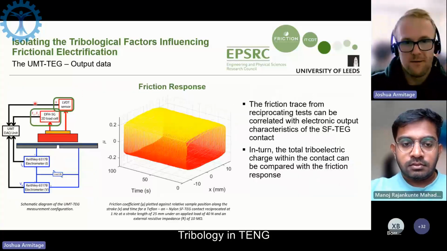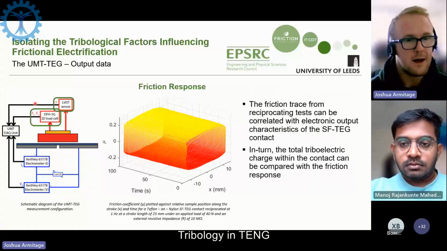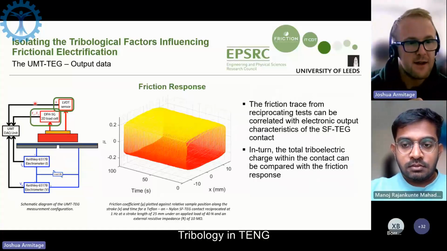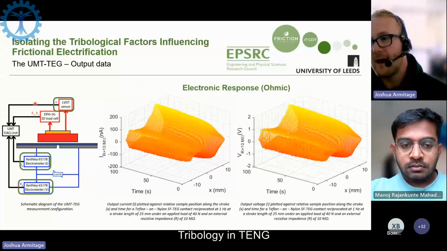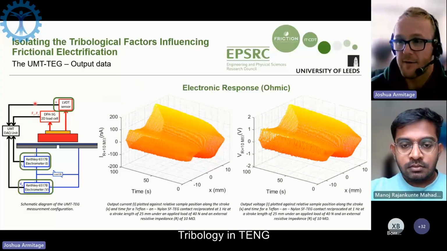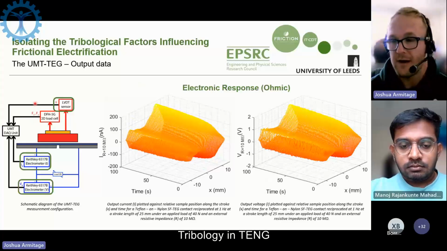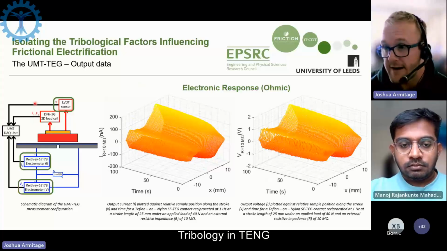Carrying on, the data that we get is stereotypical friction data, as you're all aware. We get very nice data, as you would expect for a reciprocating test, so I won't go into too much detail. But we also get nice reciprocating data from current. As the block is being moved backwards and forwards, we are generating an alternating current.